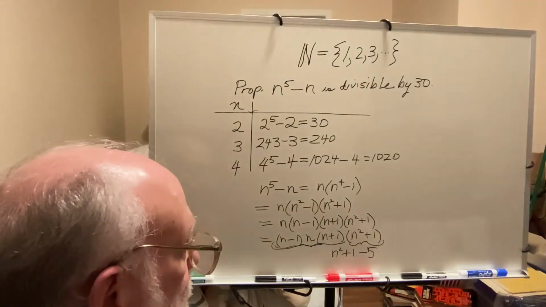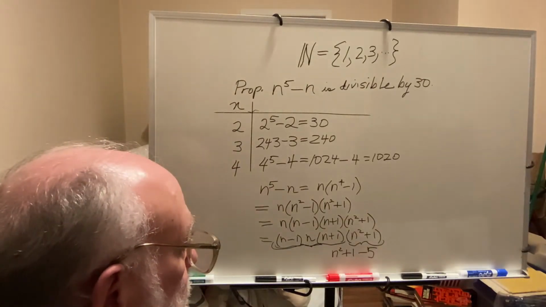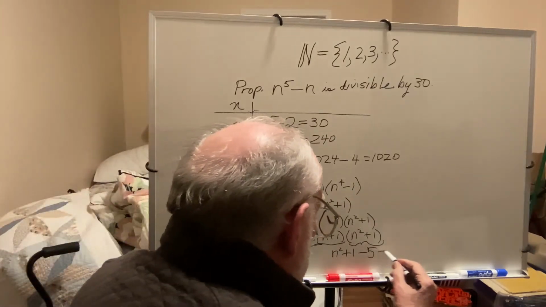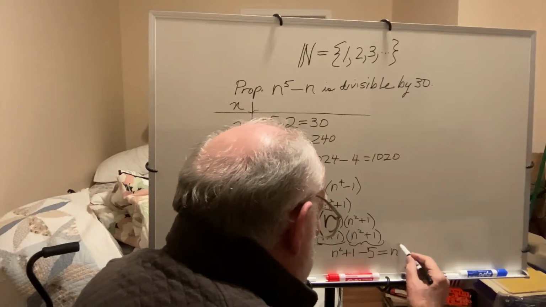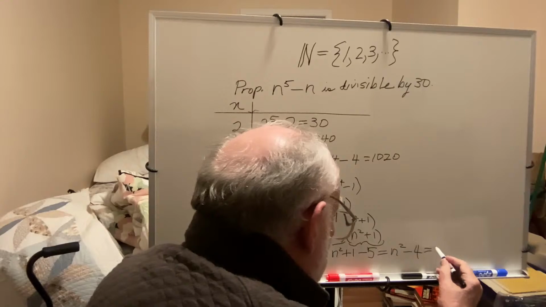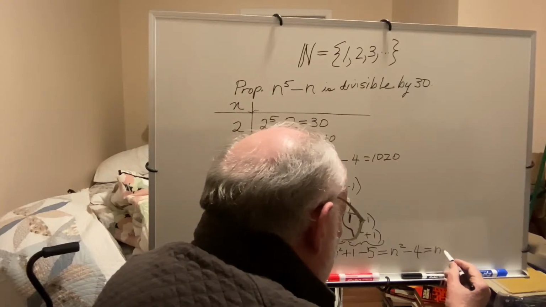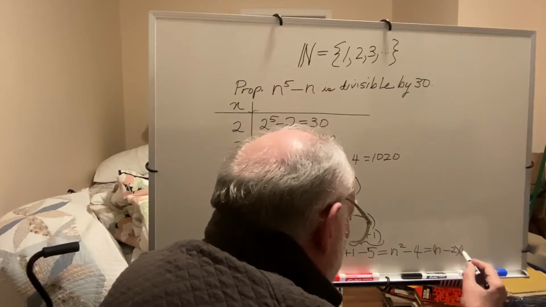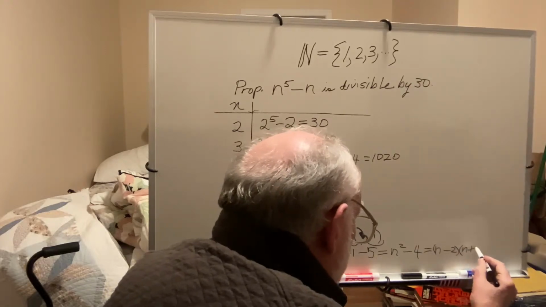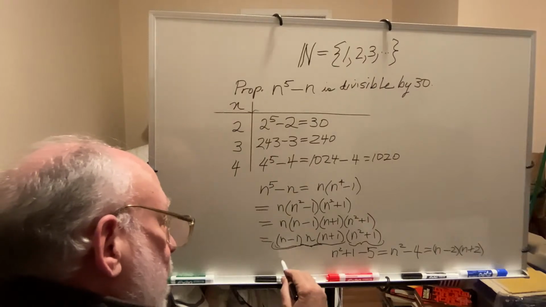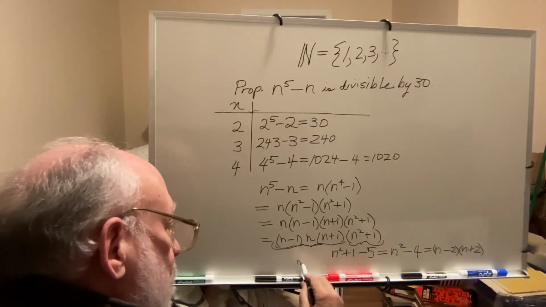So this is going to be n squared minus 4, which does factor.